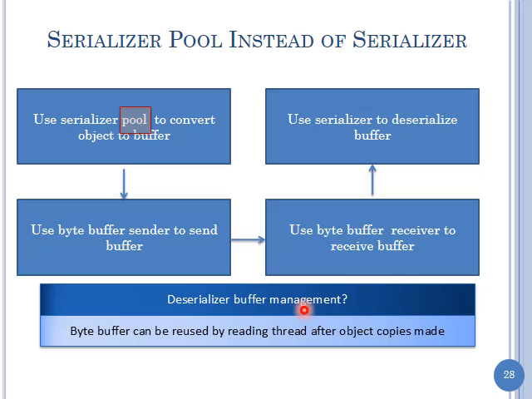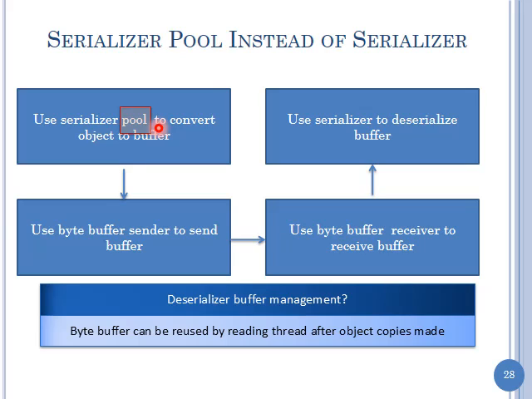Is there a red square in the pool? This is part of that we are sending a serializer pool rather than a serializer. So what I did was I had serializers pooled together, and each serializer was bound to a particular buffer. That's how it worked out for me.